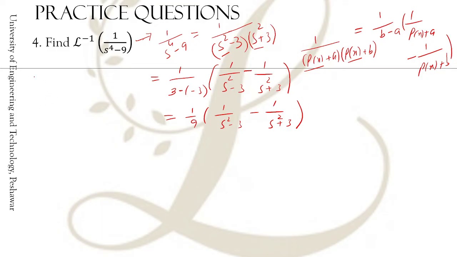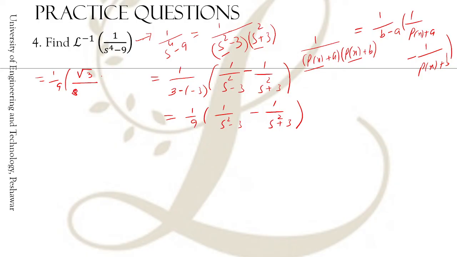So Laplace inverse will be what? By taking Laplace inverse of this one. So this will be 1/9, and Laplace inverse of this is under root 3 divided by s square.